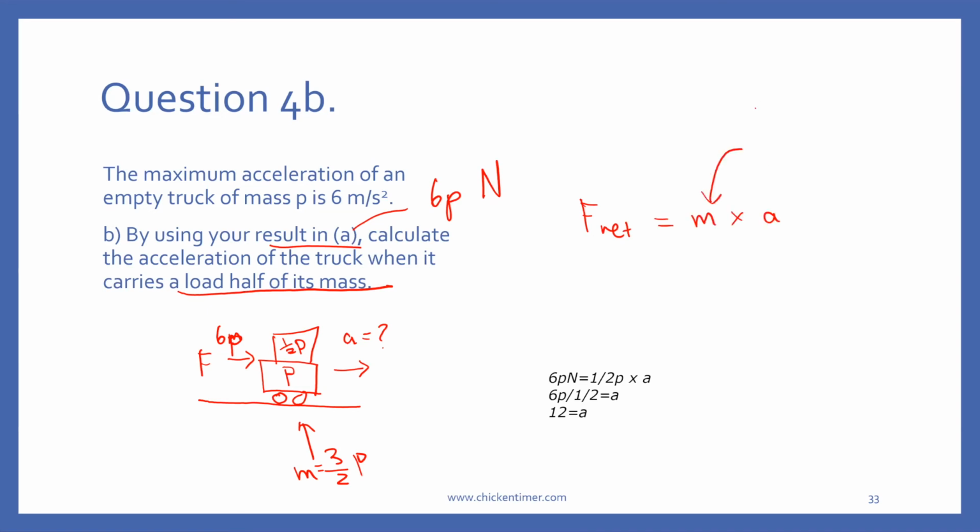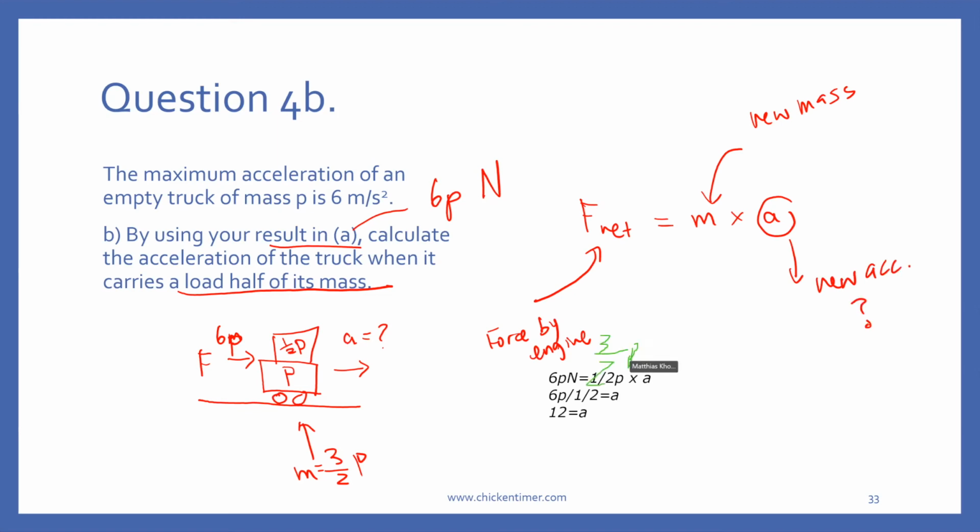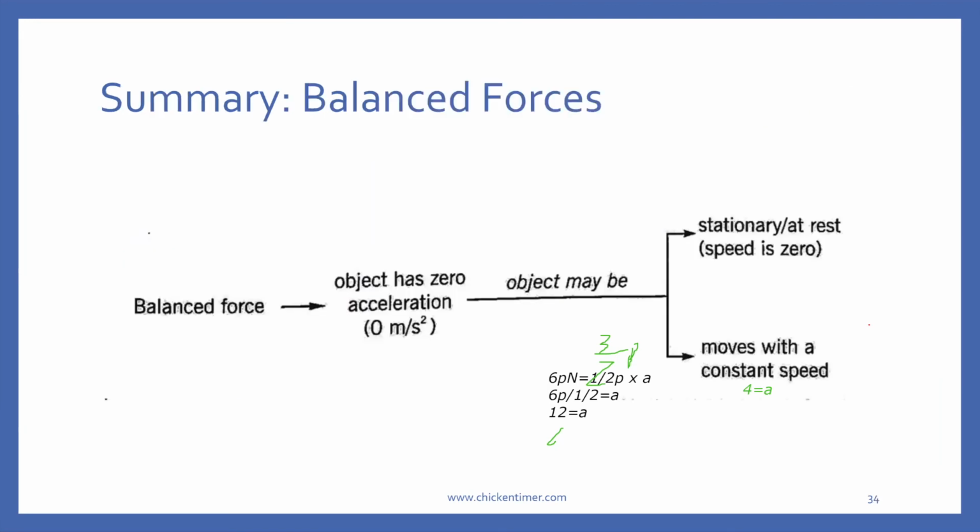This is the new mass, this is the force by the engine, and this is the new acceleration you want to find. You want to make some changes? Yes, so you change that one. Okay, let's check. Yes, everything is fine.